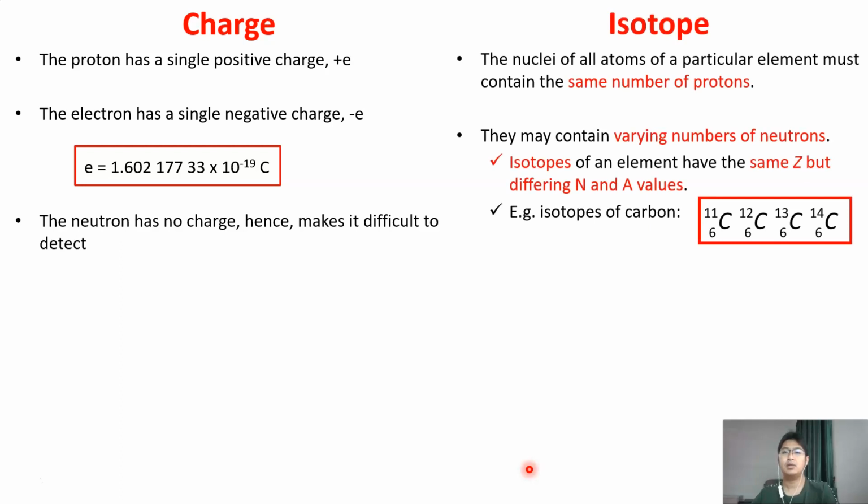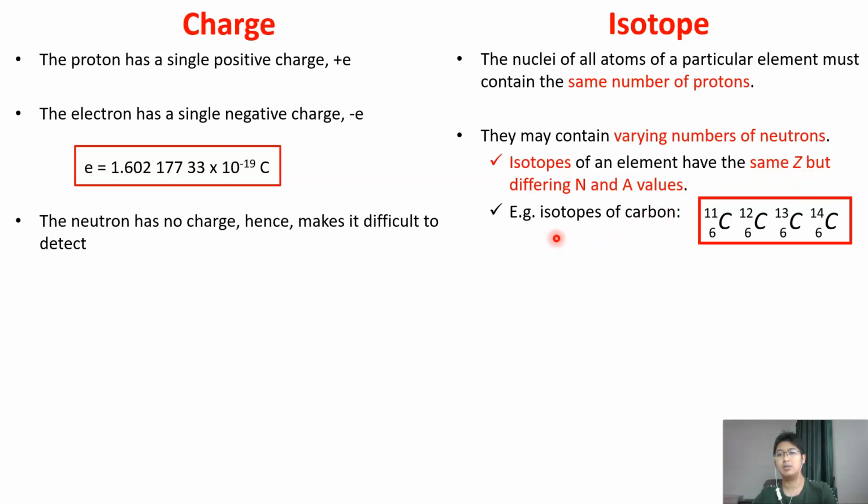Okay, and then one more thing is the isotope. The nuclei of all atoms of a particular element must contain the same number of protons. They may contain a varying number of neutrons. Isotopes of an element have the same Z, but different N and A values.